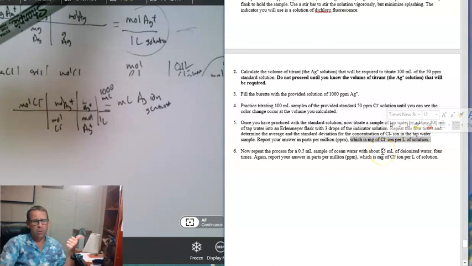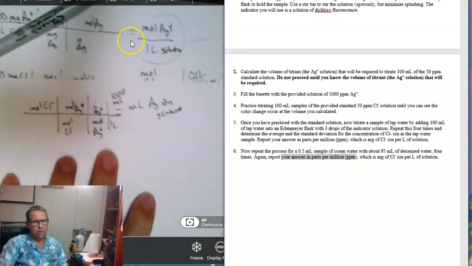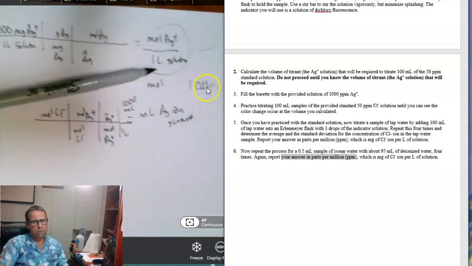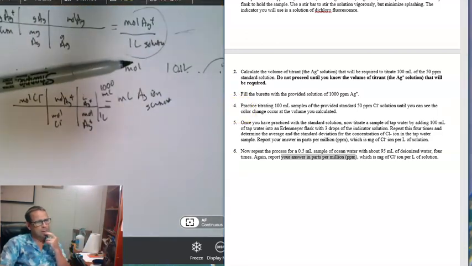We have the tap water, which is an unknown, and we have also the ocean water, which will be an unknown for us. Okay? And like it says here, we want to report our answers in parts per million. So if you know the molarity, you can use the opposite of this to go from molarity to parts per million solution. All right, that shouldn't be too hard.